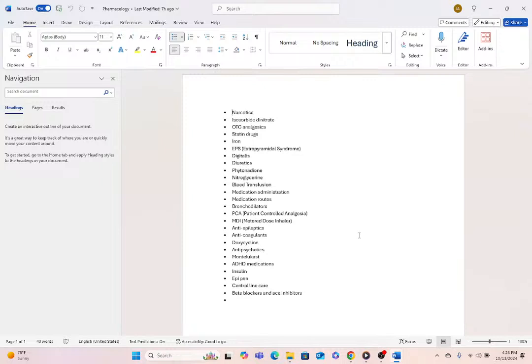When you remove it, you remove the gloves first, followed by the goggles, followed by the gown, and lastly, mask. If you think about it, removing the PPE, it's alphabetical. G-L, G-O, G-O-W, M.